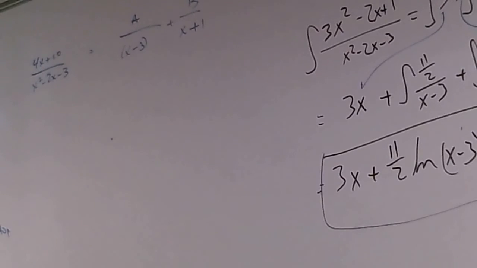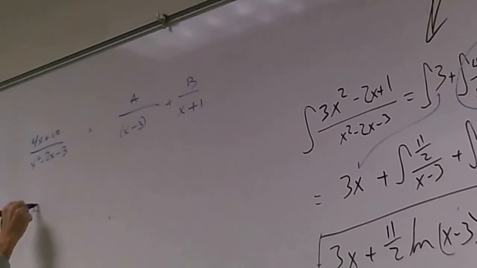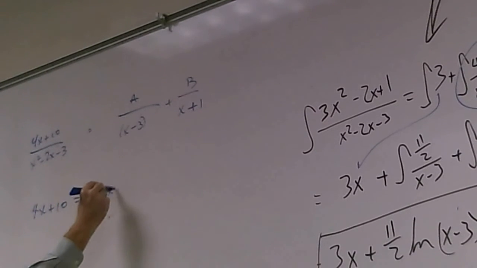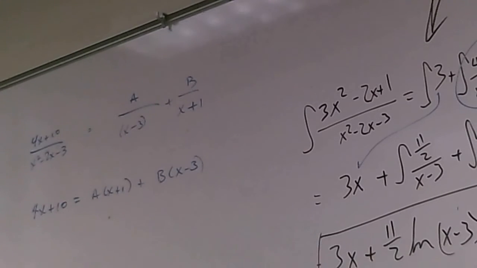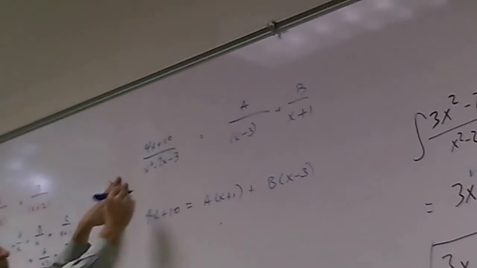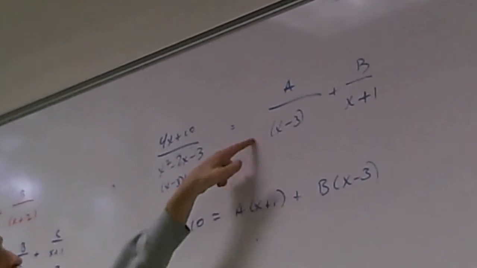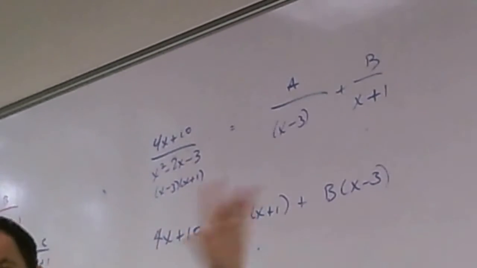I'm just trying to do the algebra to find A and B. Okay, when we multiply across by the denominator, since it is (x minus 3) times (x plus 1), when I multiply here, the x minus 3 cancels. When I multiply here, the x plus 1 cancels.